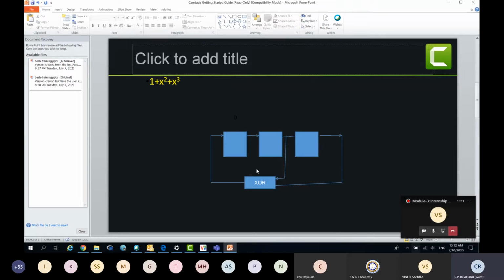So assume the initial state of the flip-flops, let us say we have managed to send the output to this state. What does it mean? Initially, somehow I managed to have 0 here, and 1 here.